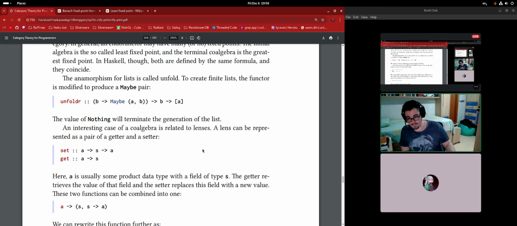That's inconvenient because you need to go under the layers and update that field on that particular record, put that back into the owner of that, and then pick that and put that back in the owner of that one, and so on and so forth. So if you have a very nested structure of records or types, you can actually use lenses to do the unnesting and nesting back automatically.